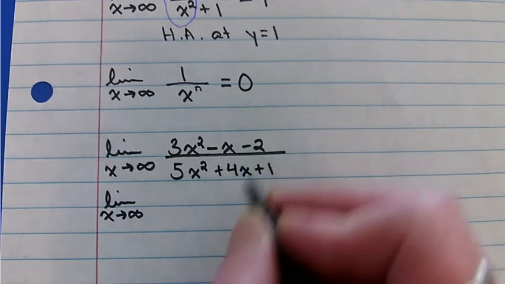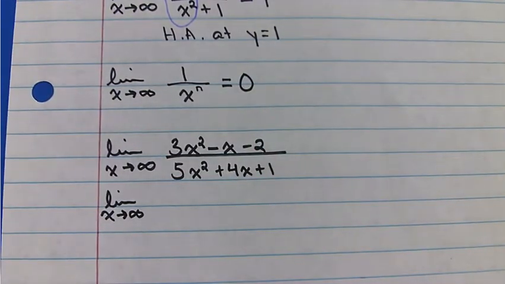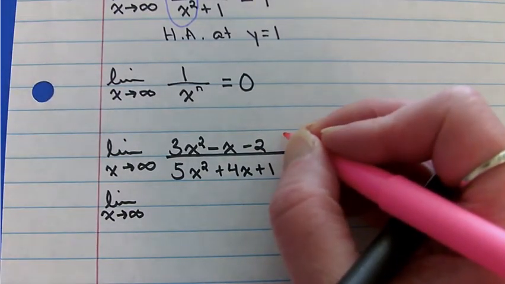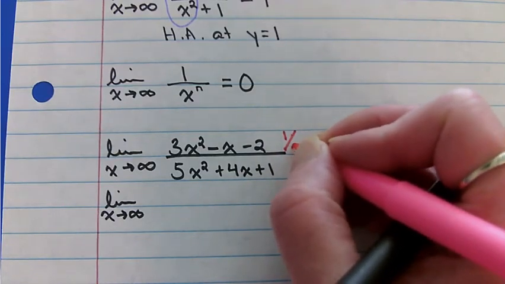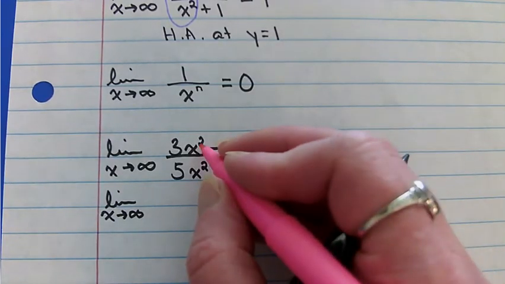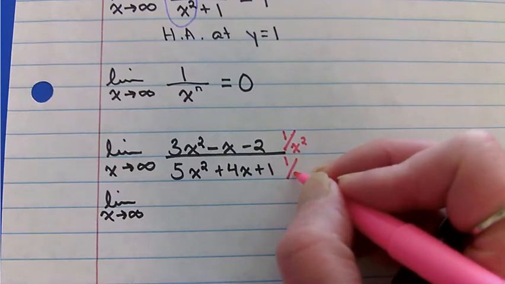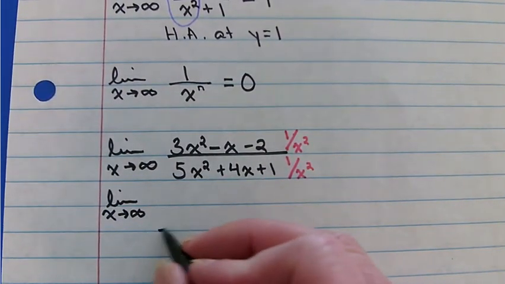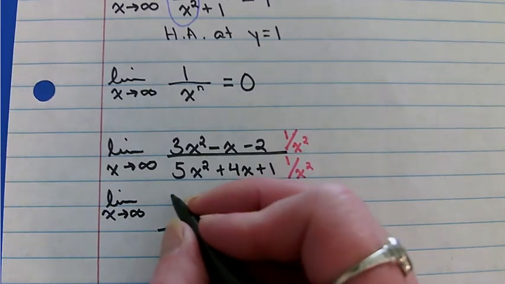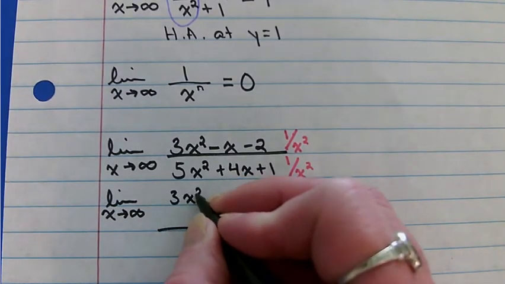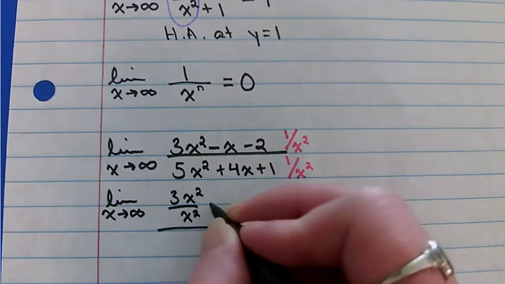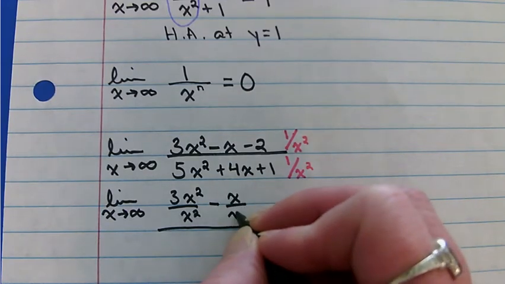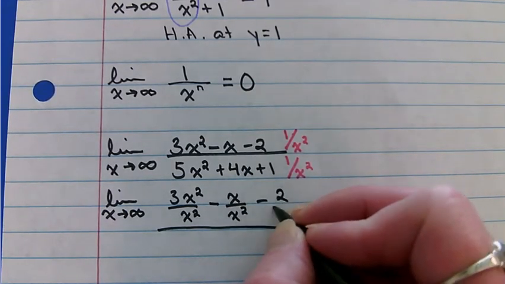So if I divided the numerator by 1 over x squared, if that had been a cubed, I would have used a cubed, and then this by 1 over x squared. Let's see what we get. It's going to get a little messy before it gets prettier. 3x squared over x squared minus x over x squared minus 2 over x squared.